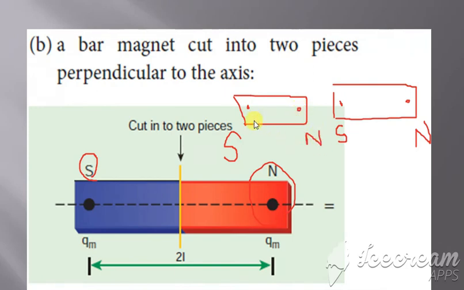So we have the values Qm here, and here also Qm, and again Qm, and here also. This is what happens to the magnet.